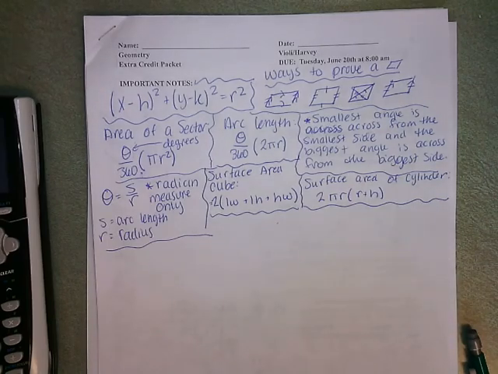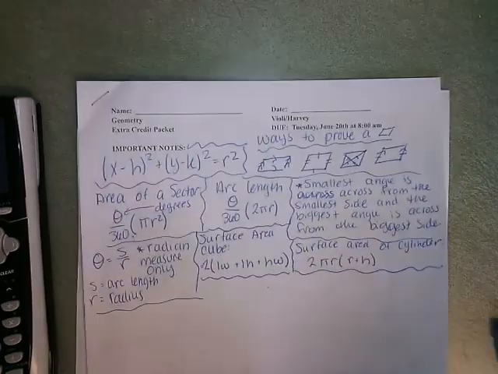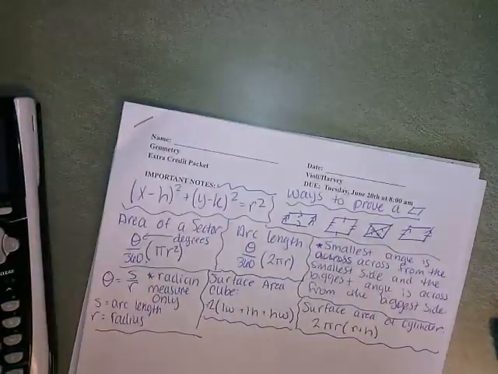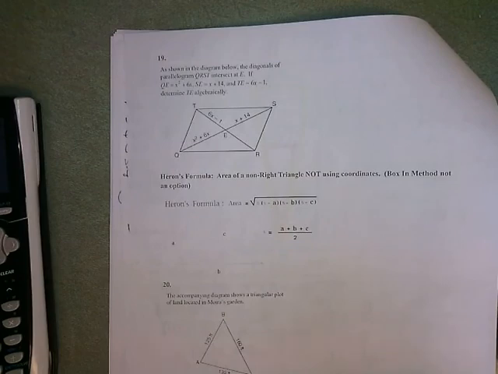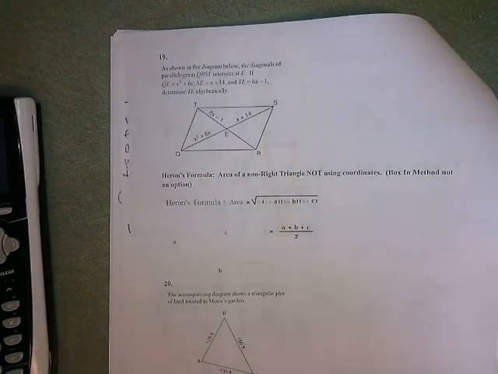All right, so let's go on to the next question. Now let's go to 19. As shown in the diagram below, the diagonals of parallelogram QRST intersect at E. If QE is equal to x squared plus 6x, SE is equal to x plus 14, and TE is equal to 6x minus 1, we want to determine TE algebraically.